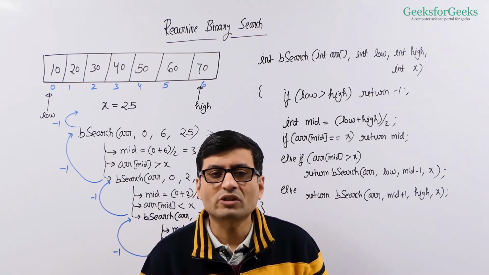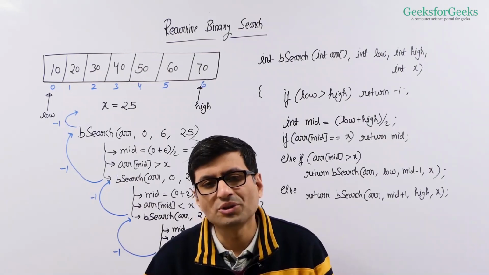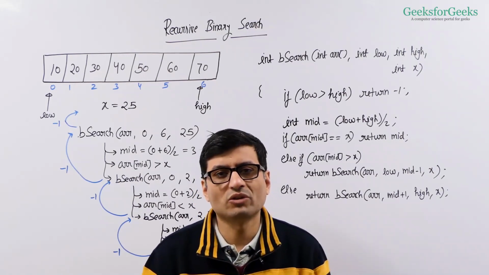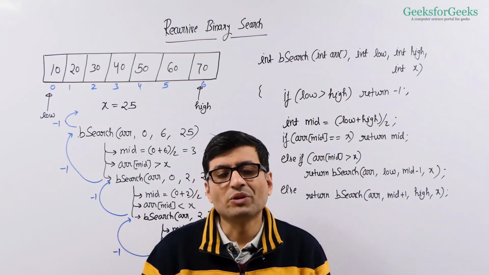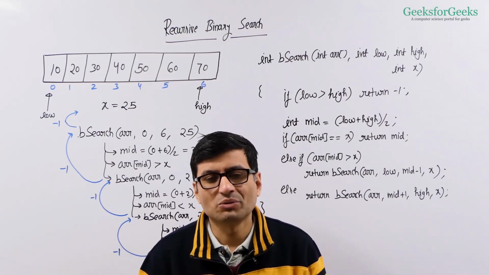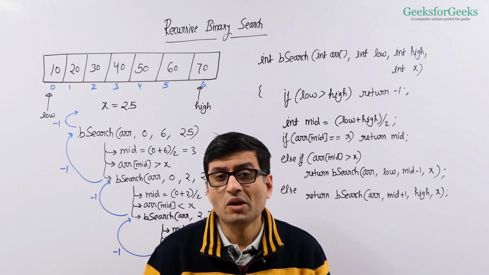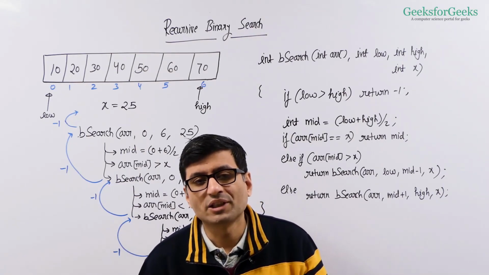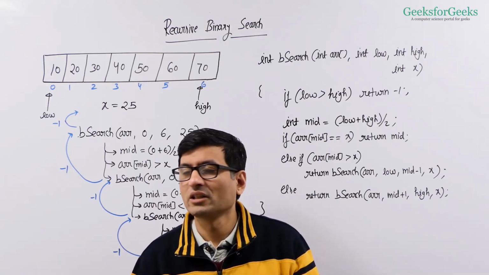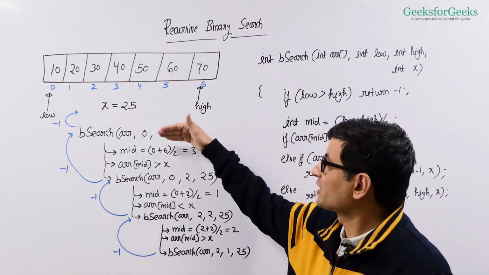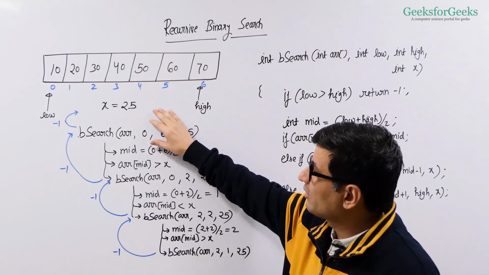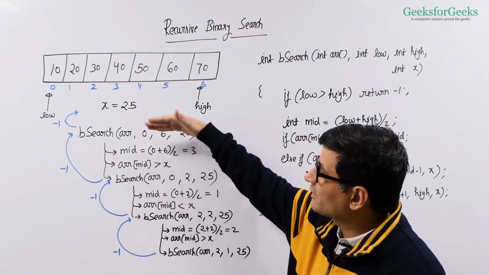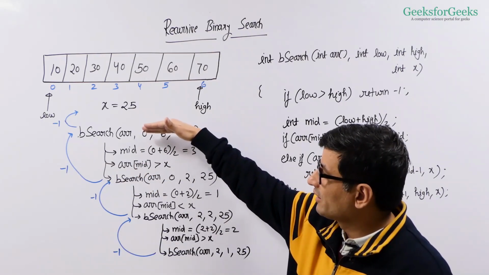Let's now talk about auxiliary space. Iterative solution requires big O of one auxiliary space because we were using some constant number of variables. We were not using any array or anything. But in recursive binary search, we need some extra space for recursive function calls. Like when you make this recursive binary search call, this function call stops at this point and it's stored in the function call stack, right?